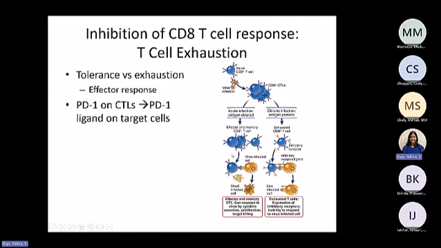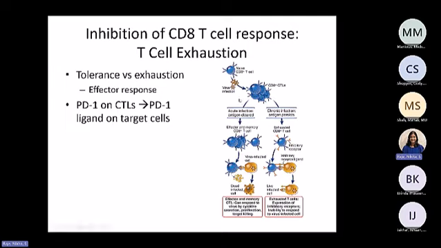But then sometimes that infection is not going to be completely cleared, and there is that chronic phase that continues. At that time, once the CTLs have done their job or are trying to do their job, they at some point are going to be exhausted, and they start expressing inhibitory receptors on their surface, because of which they are going to be inhibited from responding to that viral infection.